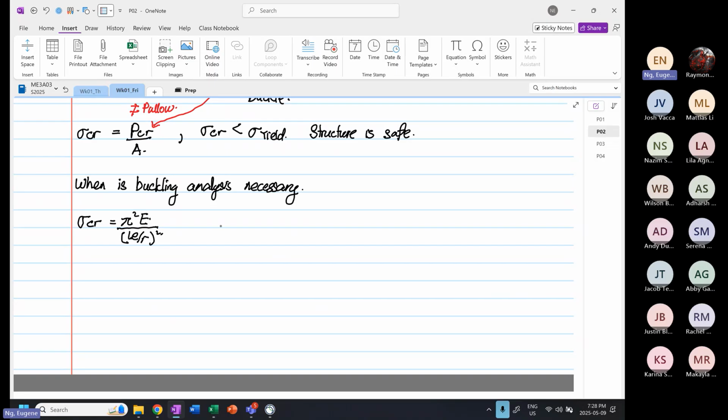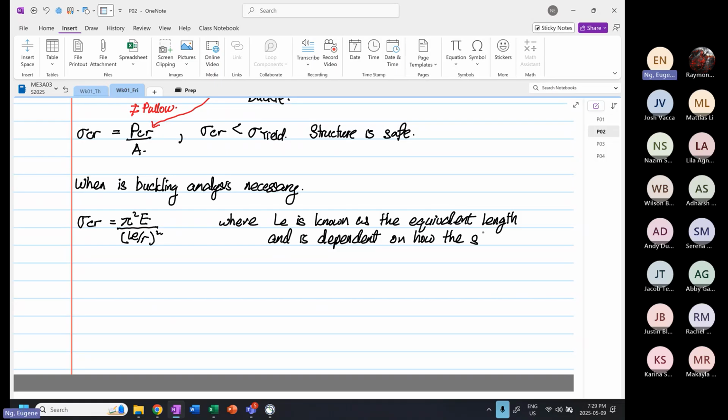LE is known as the equivalent length and is dependent on how the structure is held at both ends.